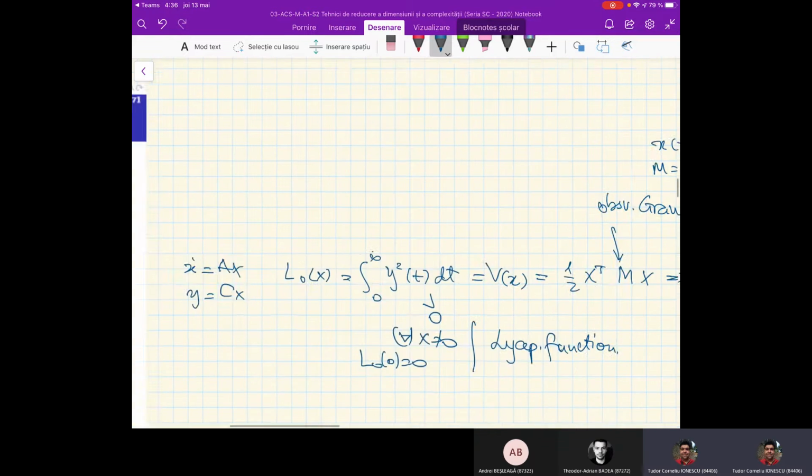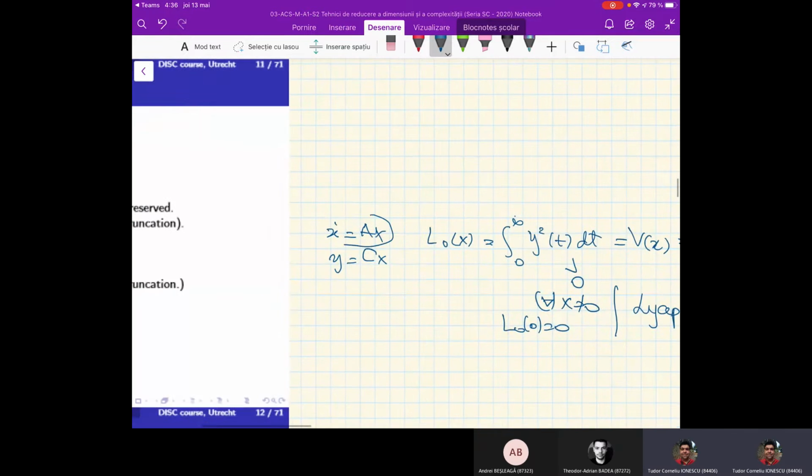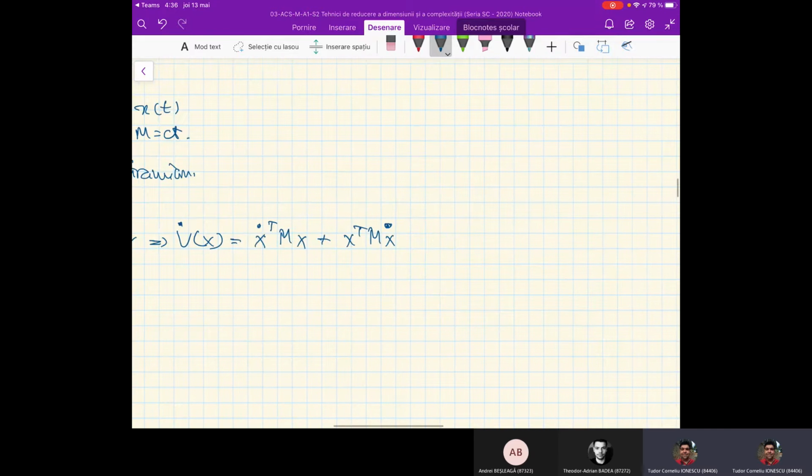But you know that x dot is Ax. That's what we have here. Then you substitute it here. So this is further x transposed. I think we should also have a half here. Never mind. x dot transpose is x transposed A transposed, so x transposed A transposed M x plus x transposed M A x.